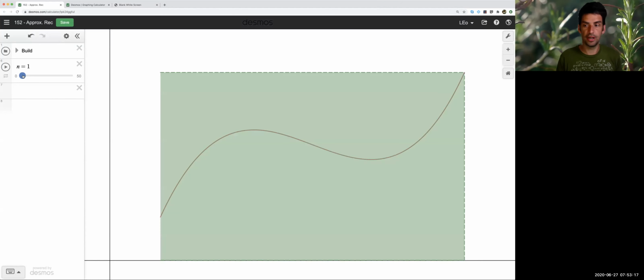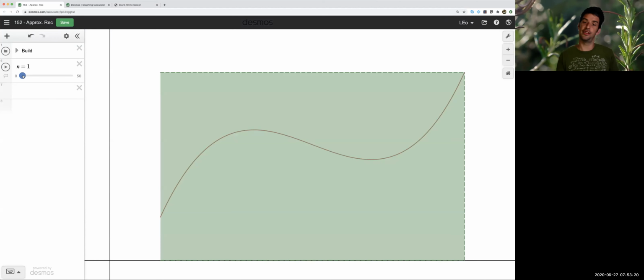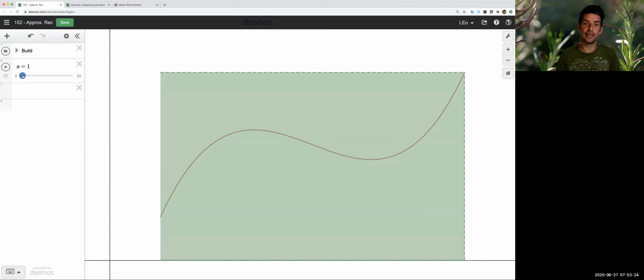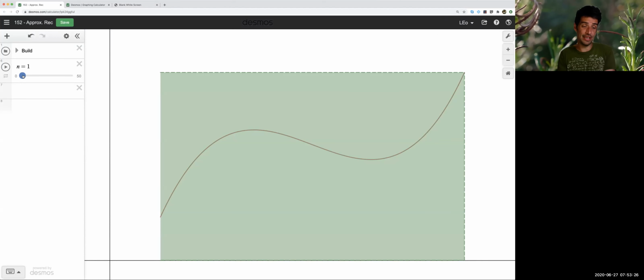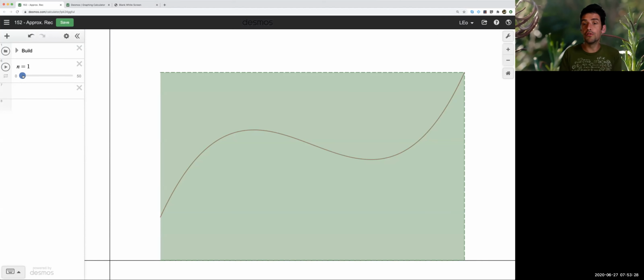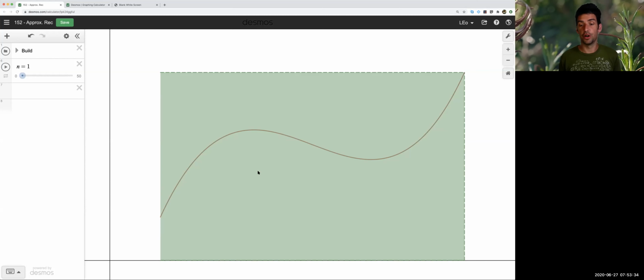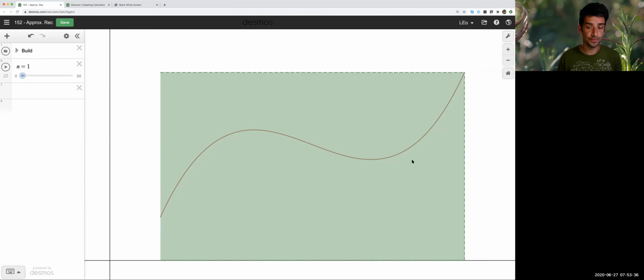So our first approximation might be this rectangle. We just draw the smallest rectangle we can that covers the whole area. This is obviously going to be an over approximation. We're getting all this extra area above the curve when all we wanted was the area below.